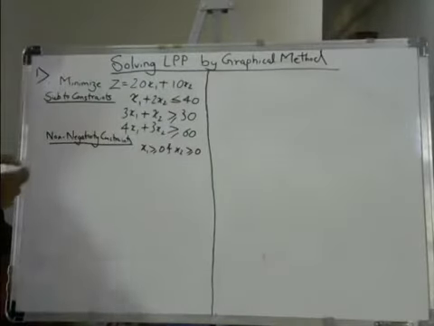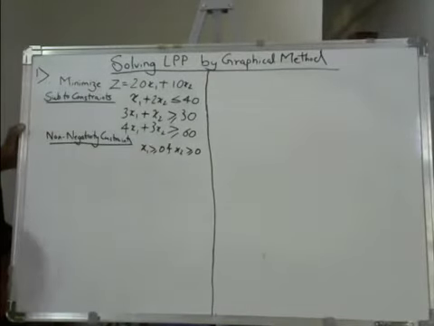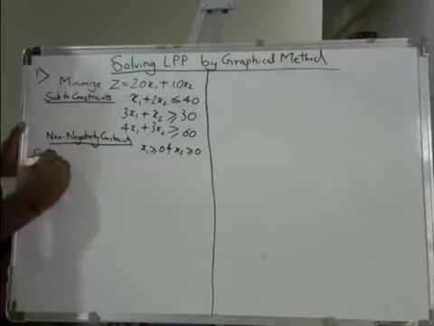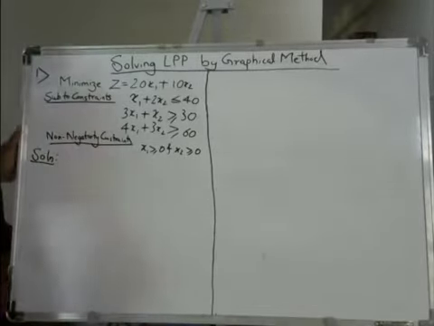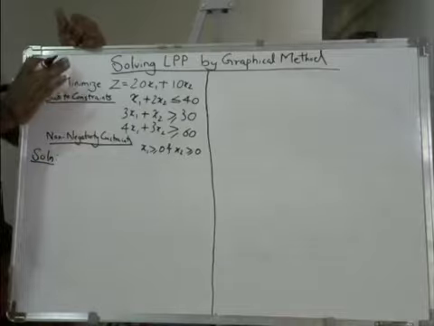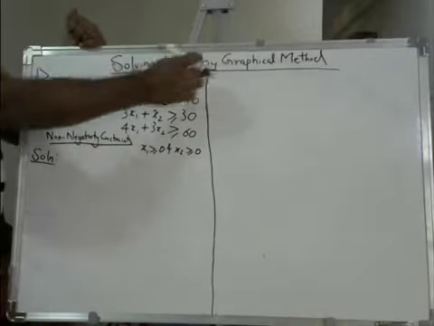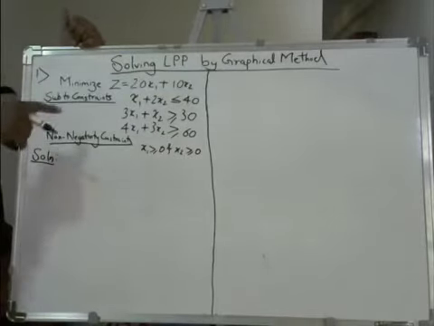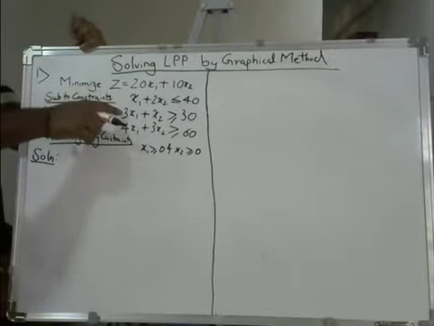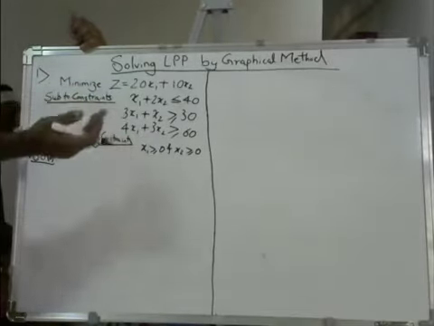Okay, so we have seen what was given in the problem. Solution. Now the first step in solving linear programming problems by graphical method is that we need to convert these constraint inequations into equalities.